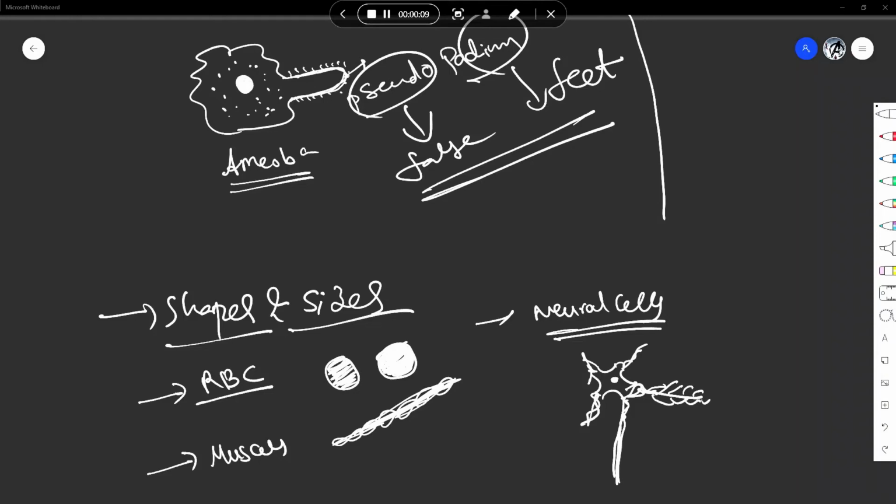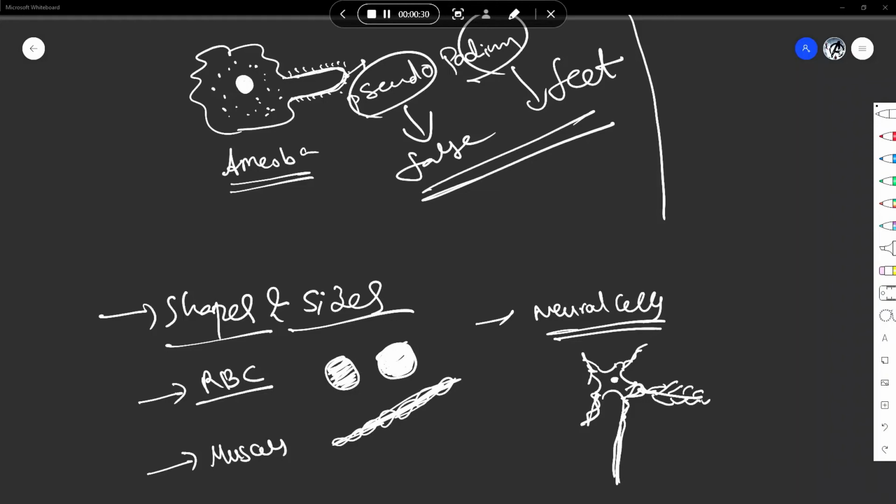You cannot think that because the organism is big, the cells of the organism are big in size. You cannot say that the size of the organism is small, so the cell size will be small. It is not like that. An elephant has n number of cells, but the cell size of an elephant need not be big. It can be small also.